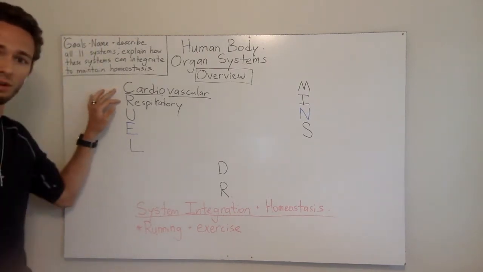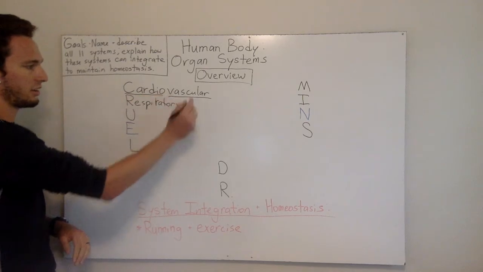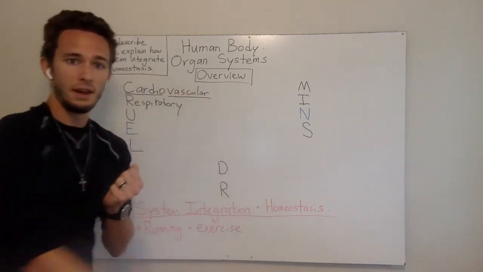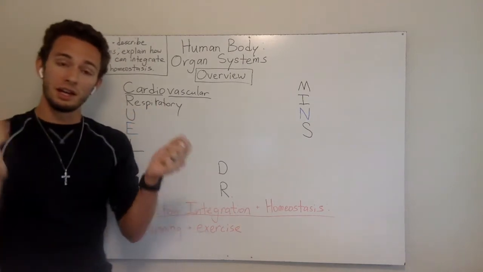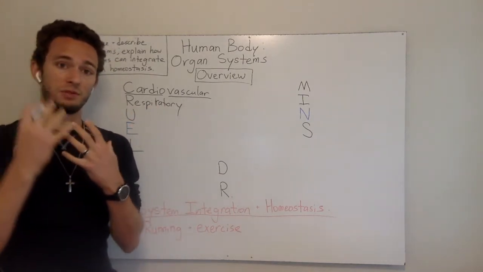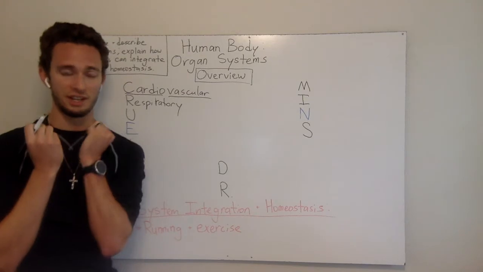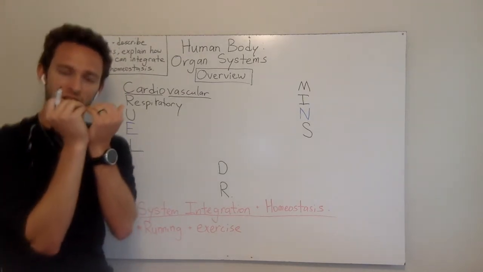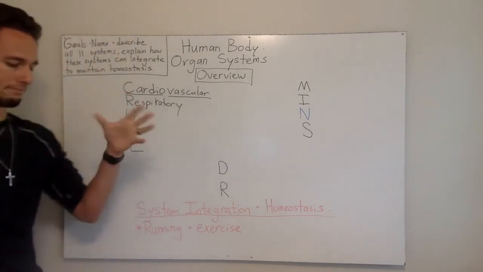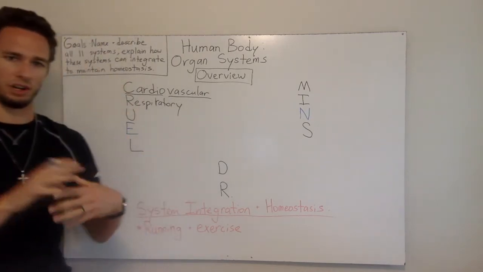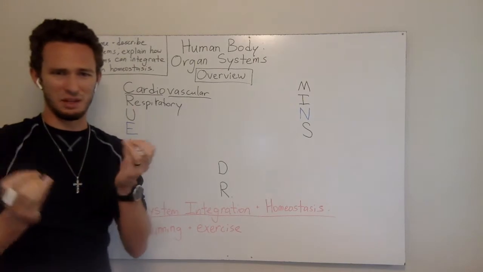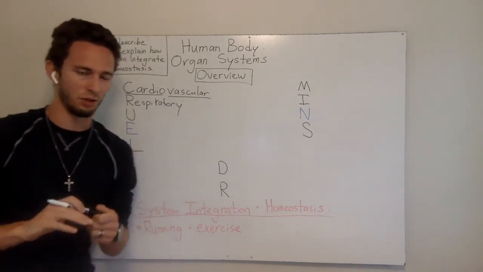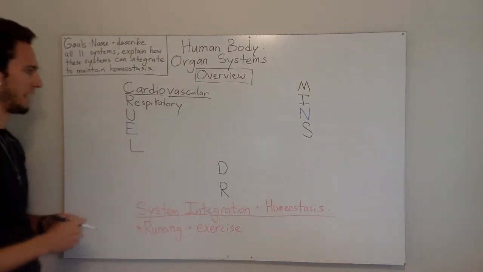So actually, these two work together pretty well because the cardiovascular system is going to pump blood, which gives nutrients throughout the body, and the respiratory system exchanges gases from the atmosphere into our bodies, bringing in oxygen, expelling CO2, and maintaining that blood pH level in a proper category. So the blood pH is approximately, I think, 7.4. So we need to keep that around the same level. So it's going to exchange those gases.